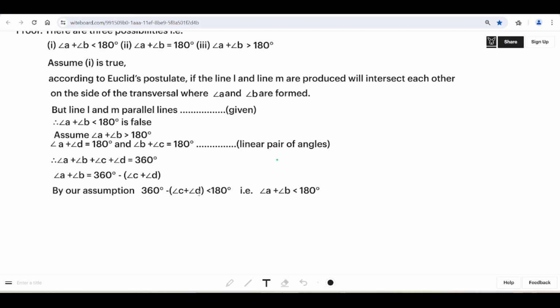Okay. Now again, by Euclid's postulate, what will happen if angle A plus angle B is smaller than 180 degrees? Then again the lines will intersect on that side of the transversal.